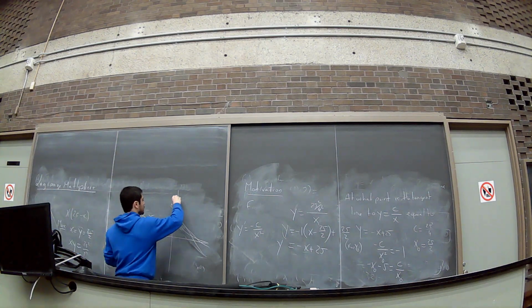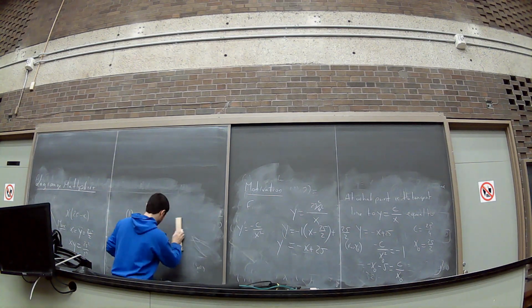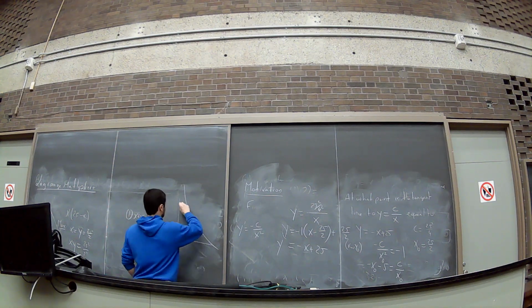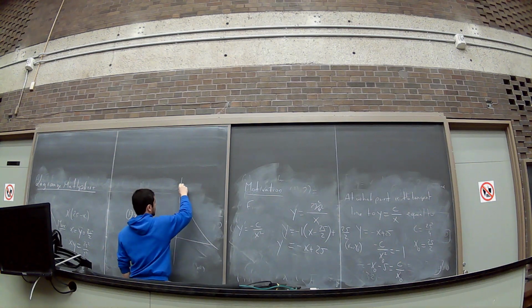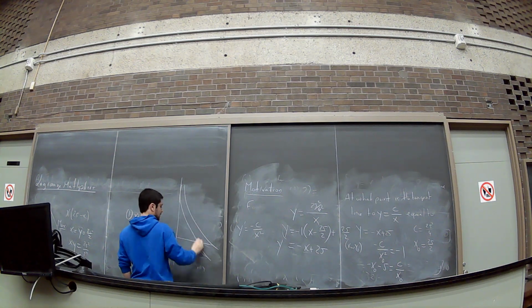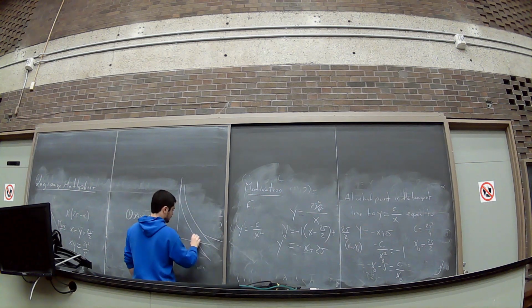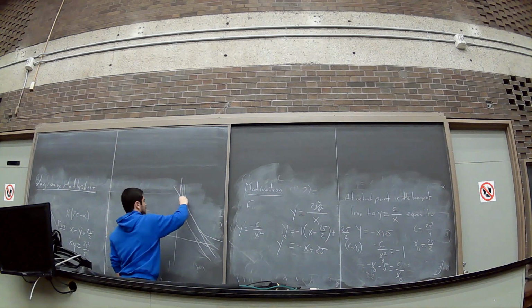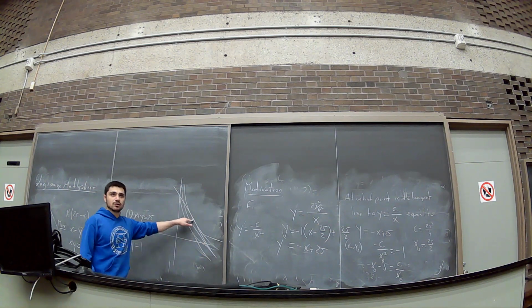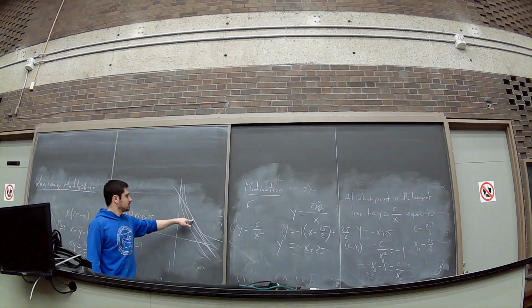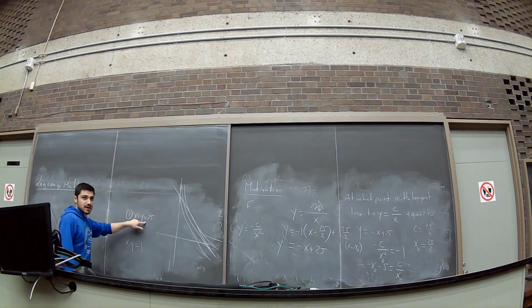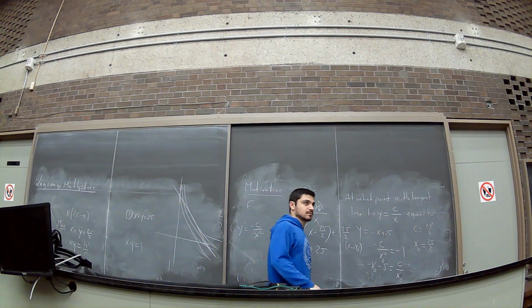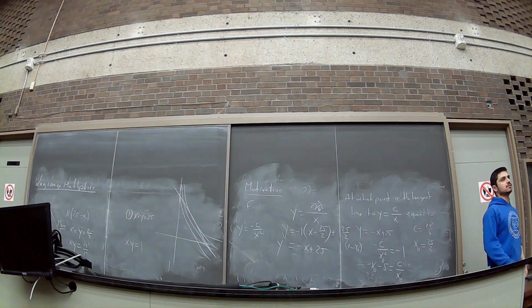If you let c vary, the maximum will be achieved for the value of c such that the line y is equal to 25 minus x is tangent to the parabola xy equals c. This is the motivation for it.